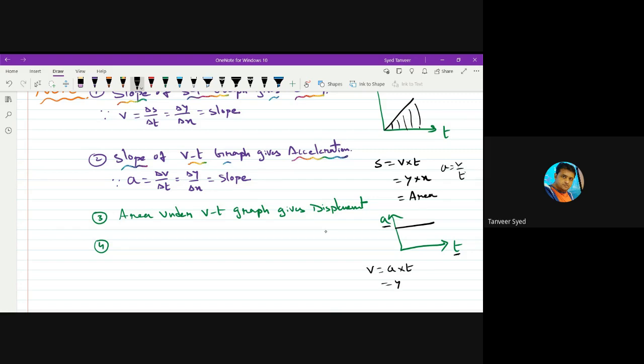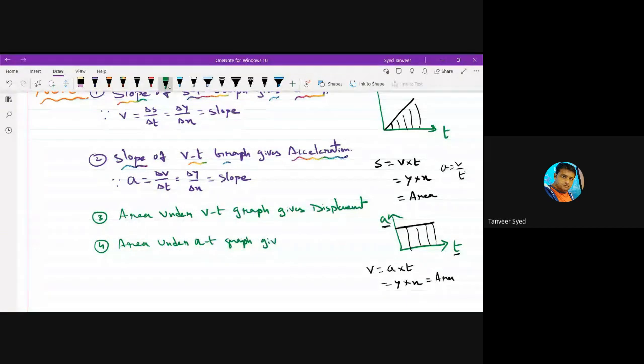Acceleration into time means y into x, which is nothing but again area. This area under the AT graph will give you what? Velocity. So area under AT graph gives velocity.